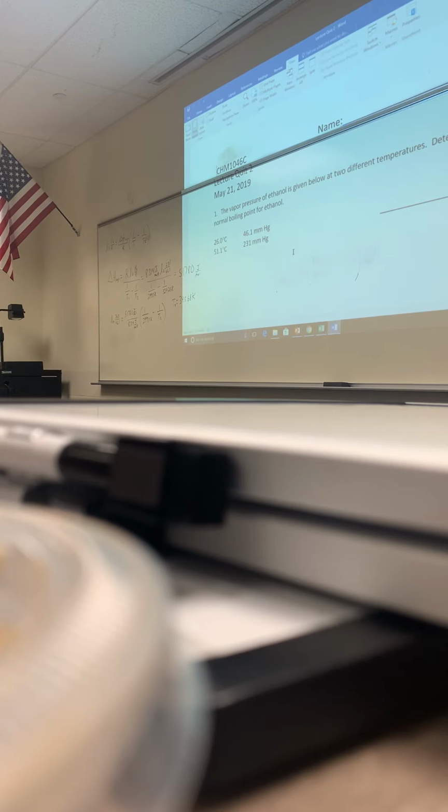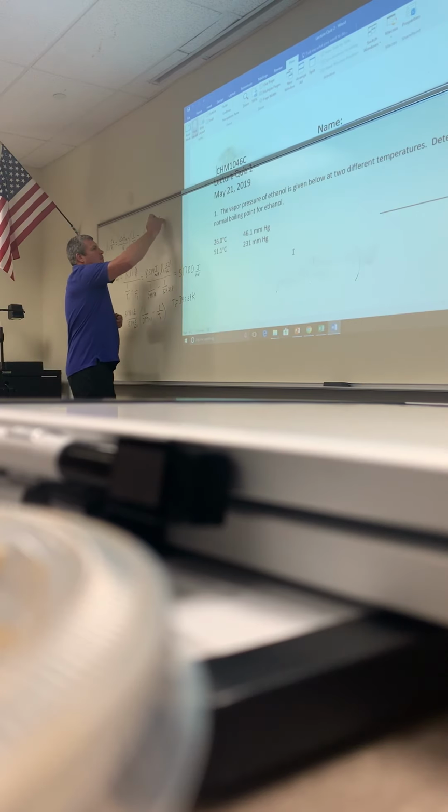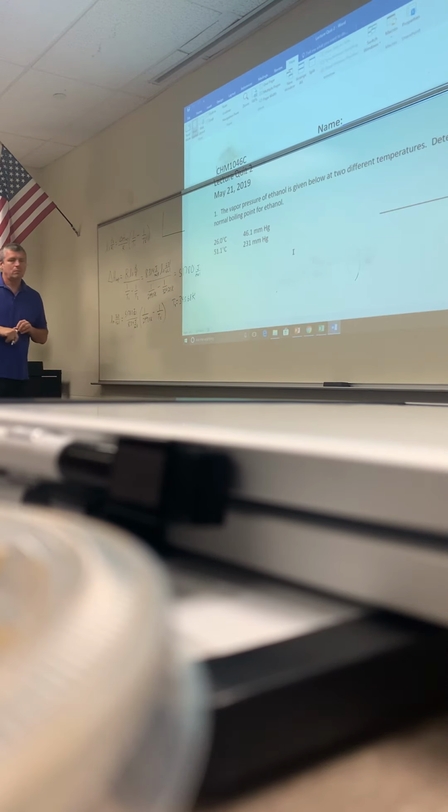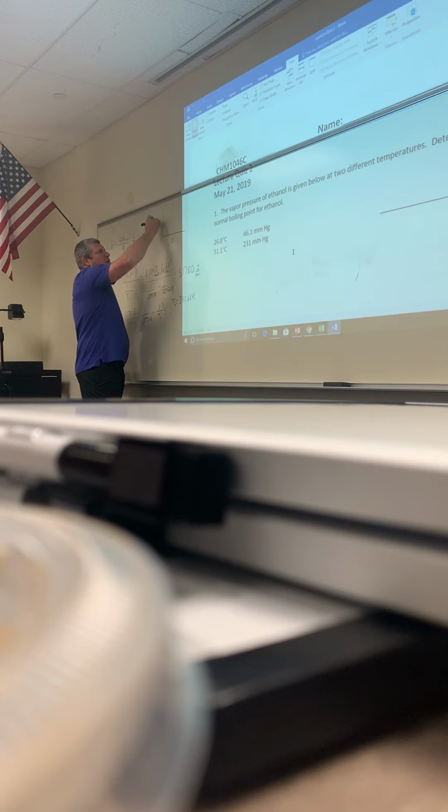Regulate your pressure by temperature. So which one on X, which one on Y? Pressure on X and temperature on Y. So plot pressure here, temperature there.